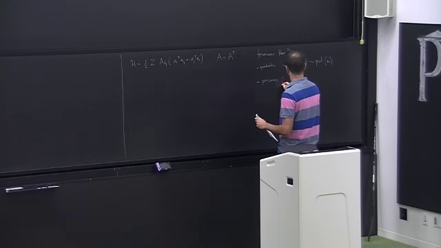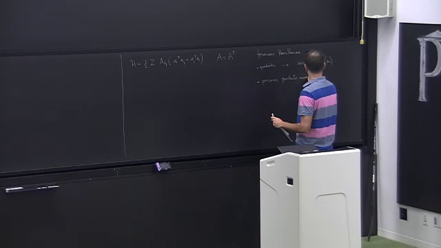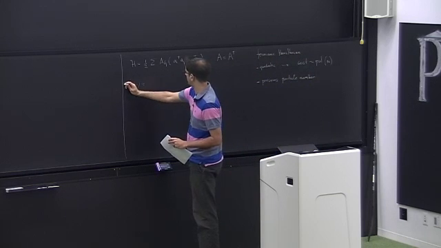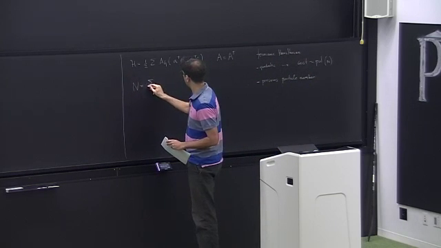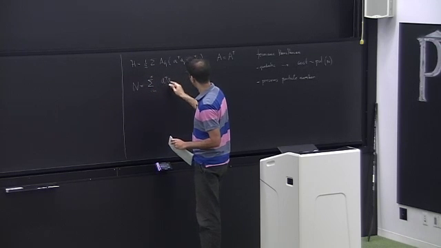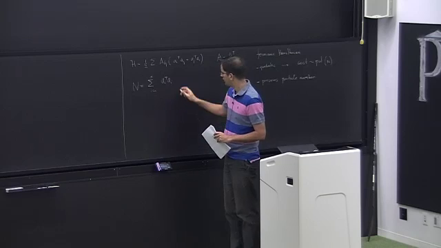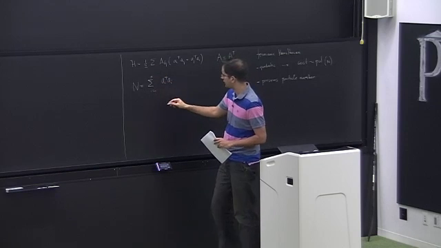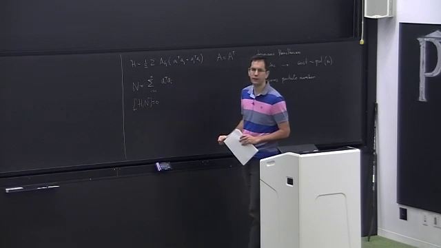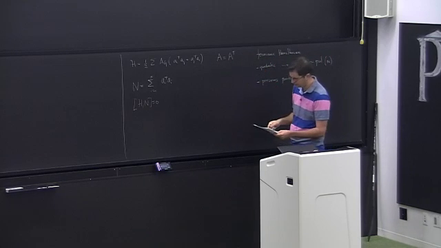What I mean by this is that if we define a particle number operator as, again, a sum of bilinear terms, then you can check that this Hamiltonian commutes with the particle number operator, okay? So we'll be talking about this as a quadratic fermionic Hamiltonian which preserves particle number.